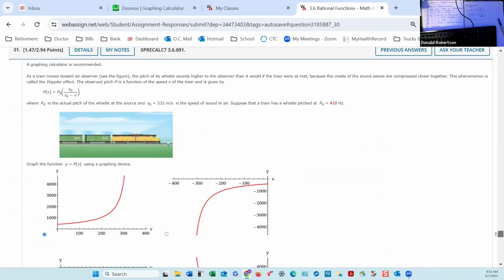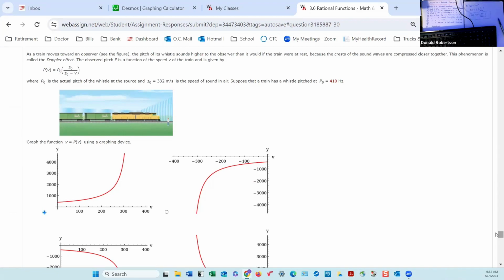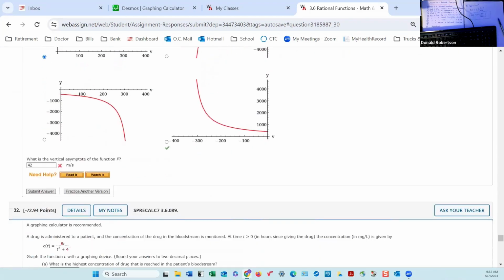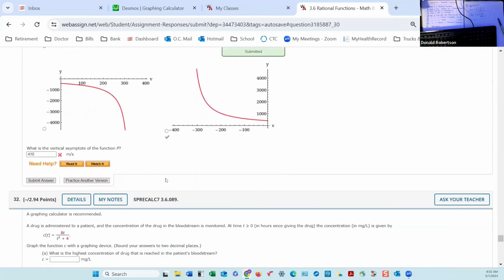Horizontal asymptote is a different thing, it's one. It's... horizontal asymptote is 410. No, okay.